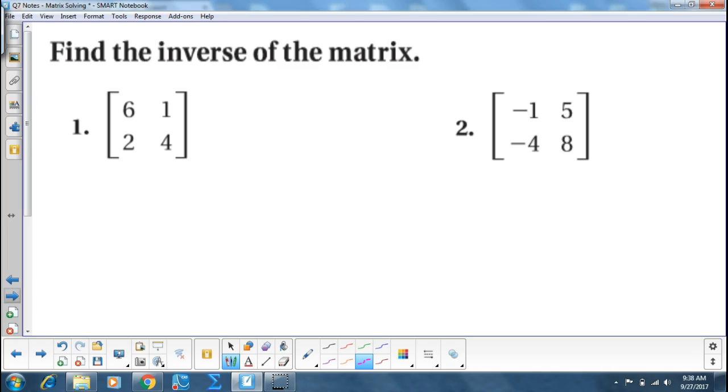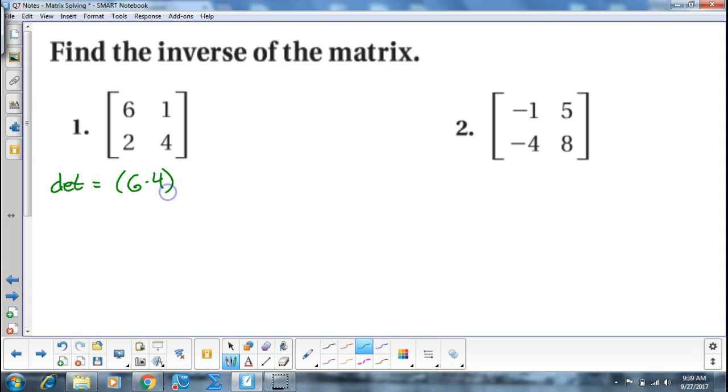Let's go with number 1. Find the inverse of number 1. So, the value of the determinant here in number 1 is 22. Do we agree with 22? Because it's 6 times 4 minus 2 times 1. So that's going to be 22.